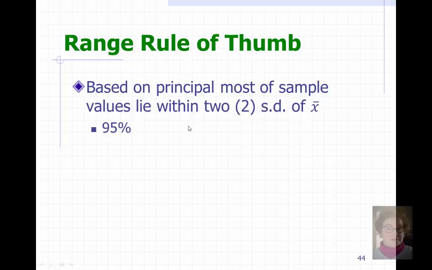But when we talk about normal distributions, most of the individuals lie within 2 standard deviations of the mean. In fact, 95% of the individuals in a data set usually lie within 2 standard deviations of the mean.